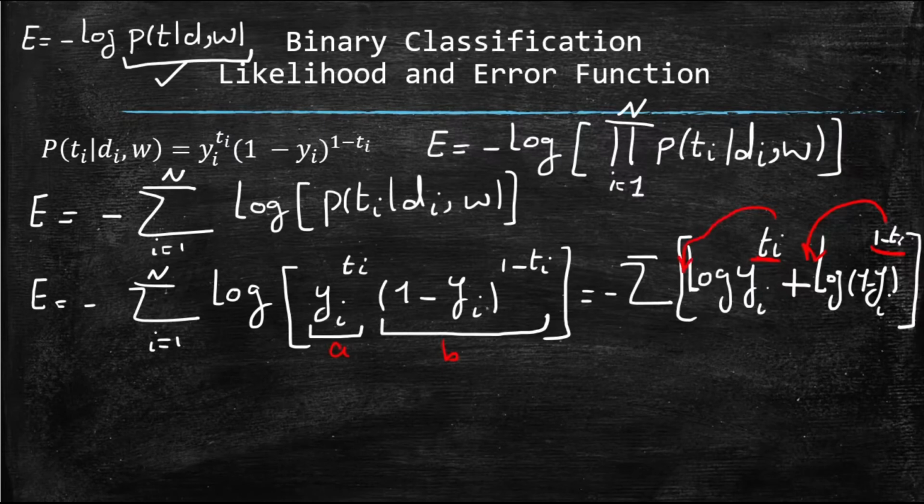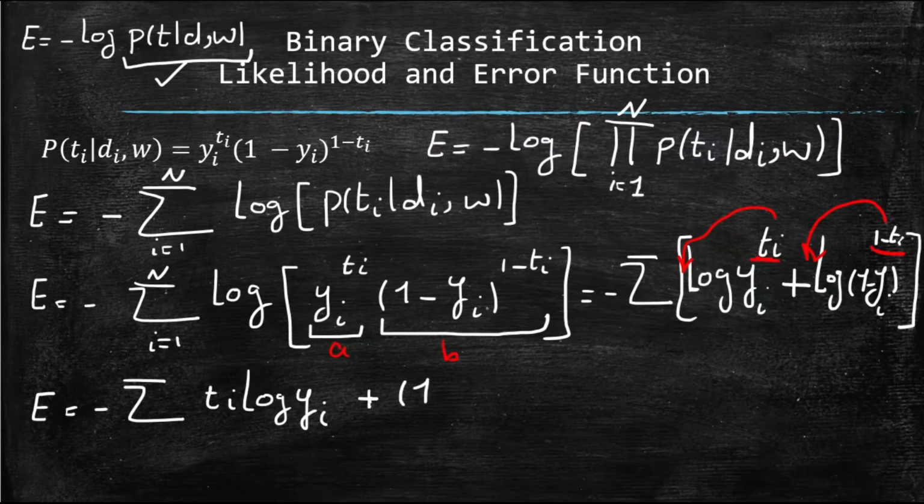So if I want to rewrite it again, error would be equal to minus the sigma is still there. T sub I will come down, log of y sub I, plus, now, the other power is 1 minus t sub I, right? Multiplied by the log of 1 minus y sub I. And I goes from 1 to n.